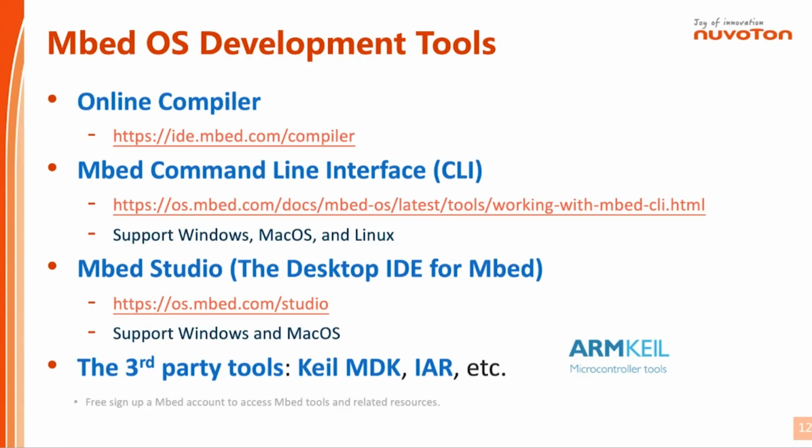The Mbed Online Compiler enables you to either write code from scratch or import an existing project to modify it to suit your needs. If you prefer offline, Mbed CLI, a command line tool based on Python, is right for you to manage, import, build, and export Mbed projects. Mbed Studio is a desktop IDE and is available to anyone with an Mbed account.